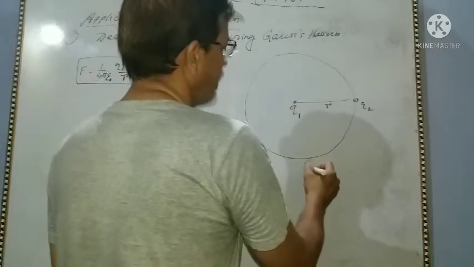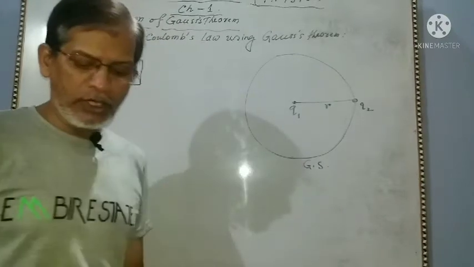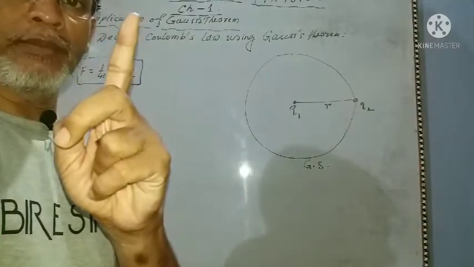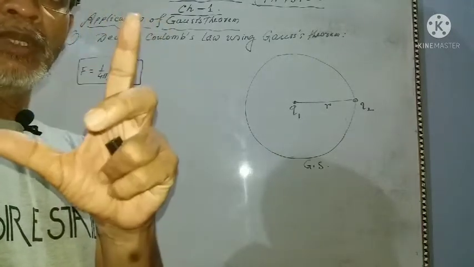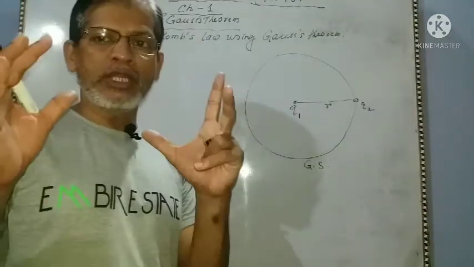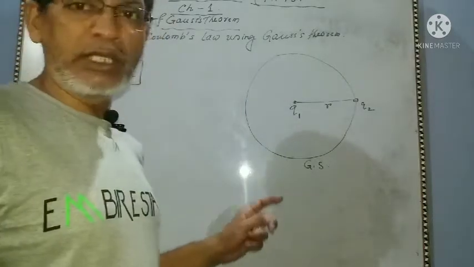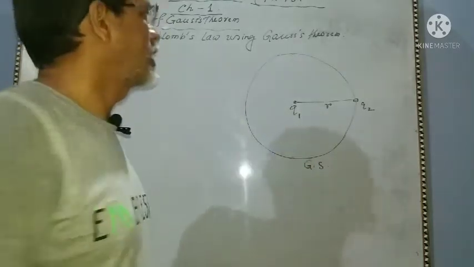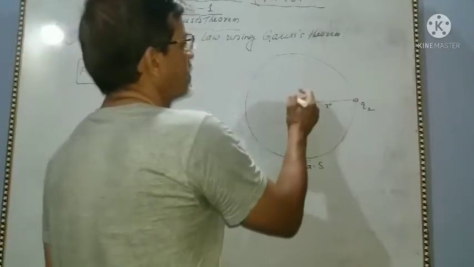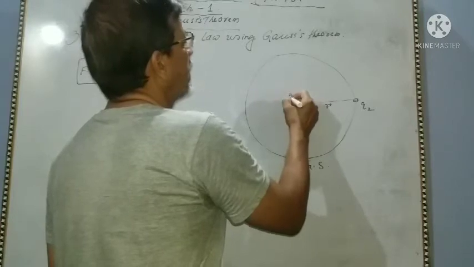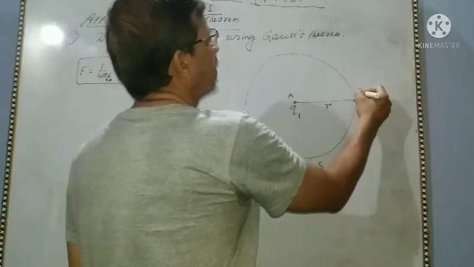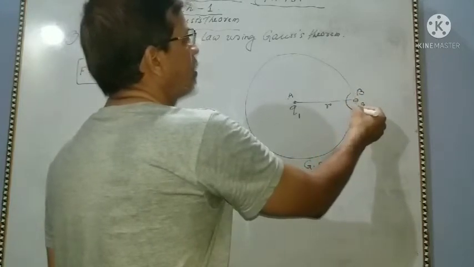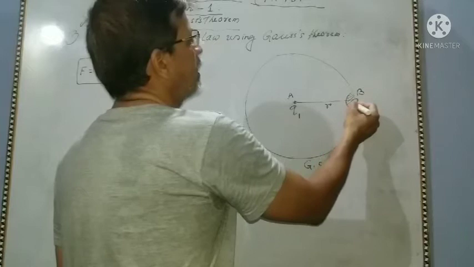This is called the Gaussian surface, whose center is at Q1. This is point A and this is point B, and at this point we consider an elementary area.